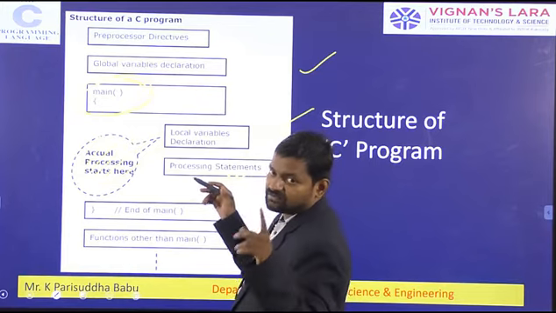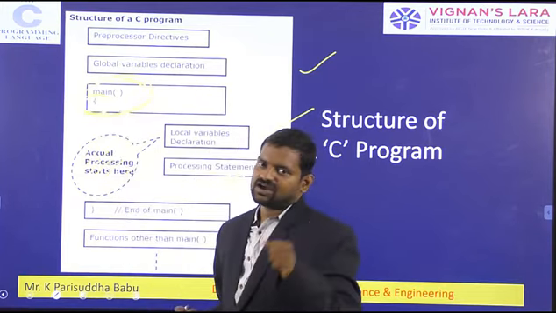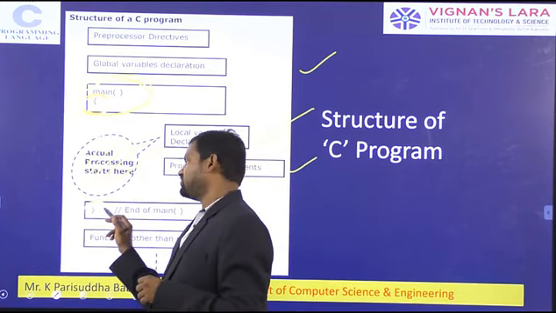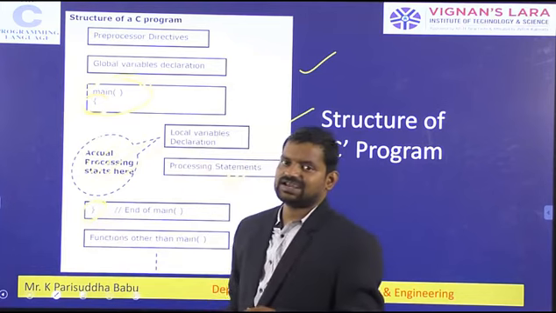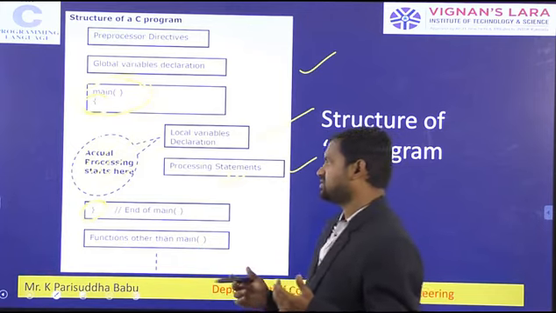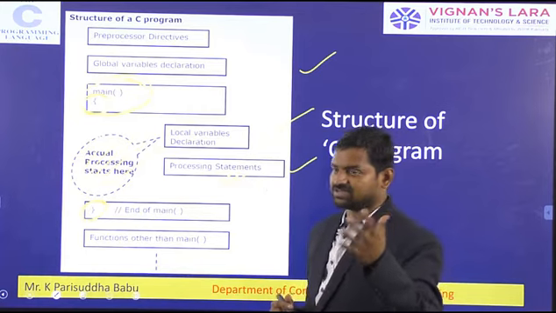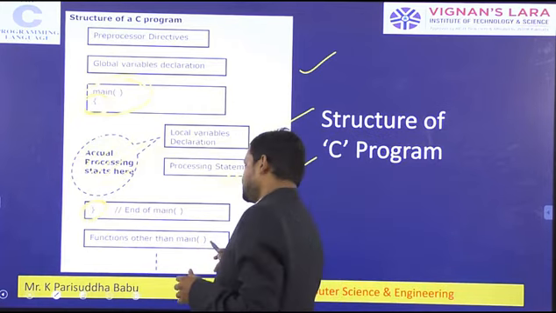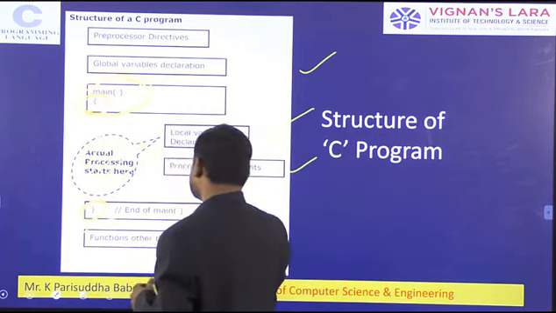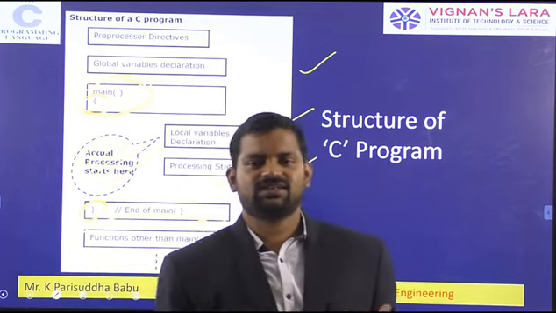For every main function, you have to open and close brackets. After writing your program, you include the end of the main function. After the main function, you can create functions other than main.